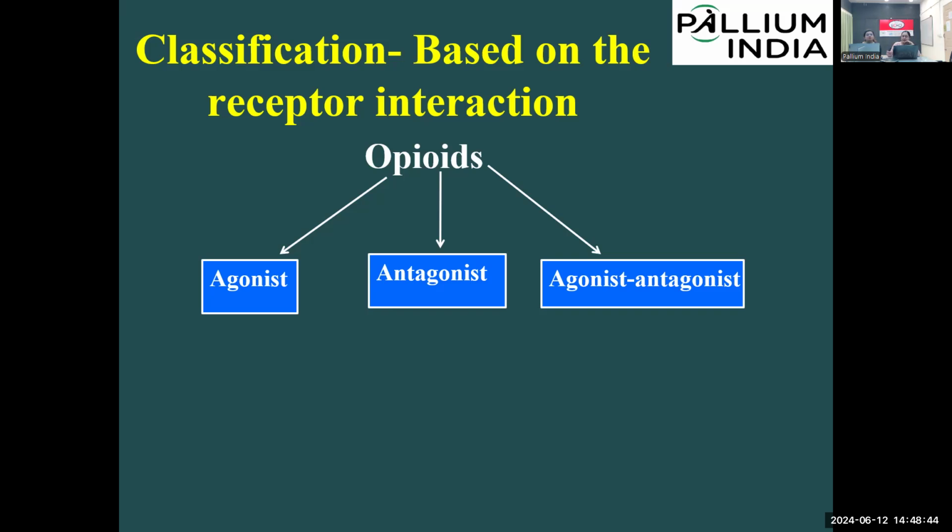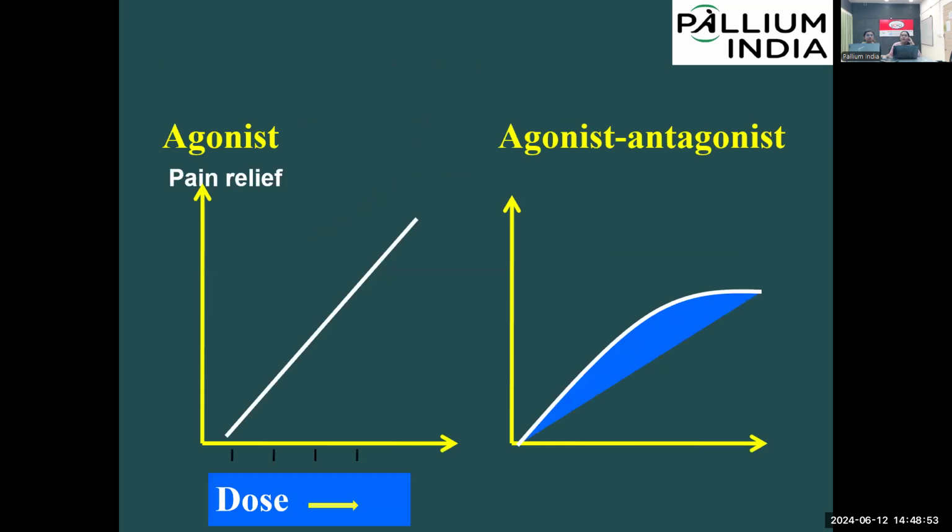And we have agonist-antagonist. That means at certain receptor sites, they produce an agonistic effect, and at other receptor sites, they produce an antagonistic effect. With agonist drugs, even if you increase the dose, the pain relief also increases. That steady line indicates that with an increase in the dose of the drug, the pain relief also increases.